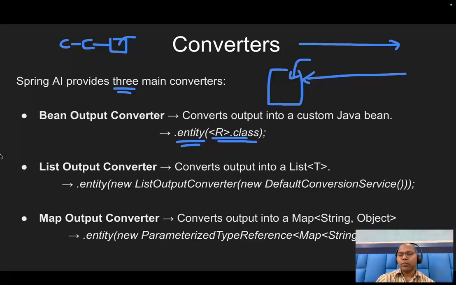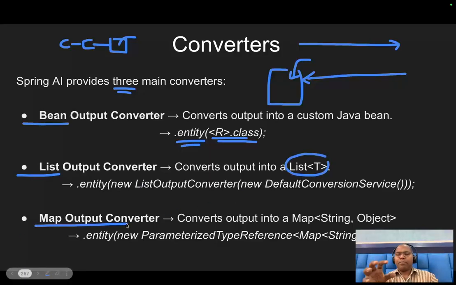So nowadays in Spring you can get structured output in the form of maybe a particular bean, a particular object, a particular class. Maybe you want a list of the particular bean, a list of whatever type you want. And sometimes you want a map of key value, key value pairs. For these scenarios, the bean output converter, list output converter, and map output converter are the basic structured output converters already provided by Spring, and you do not have to do any work here.